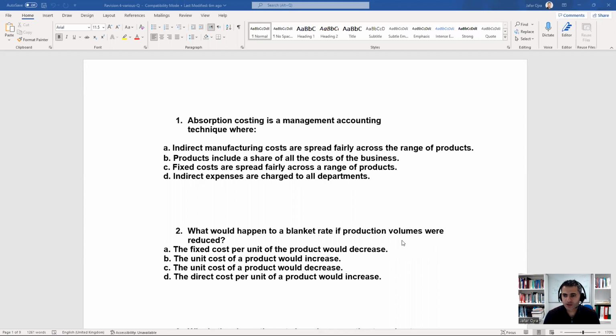It tells you that absorption costing is a management accounting technique where indirect manufacturing costs are spread fairly across the range of products.